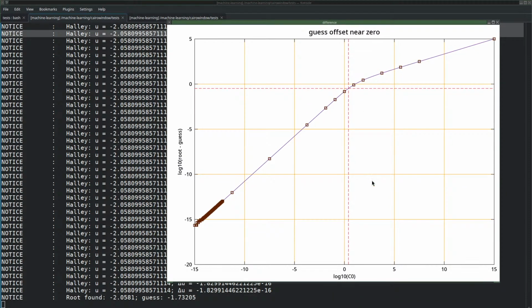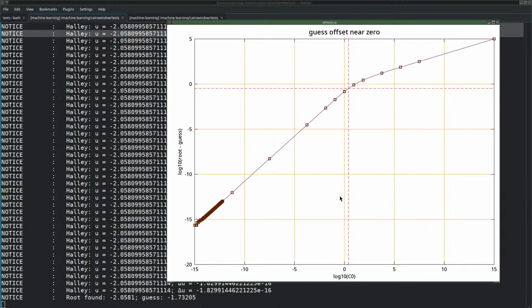as a log-log plot. So we see that at the moment for a very small C0, that is the log 10 of C0, so for C0 close to 0, this would be 10 to the power minus 15. The error is super small, it's also 10 to the power minus 15.